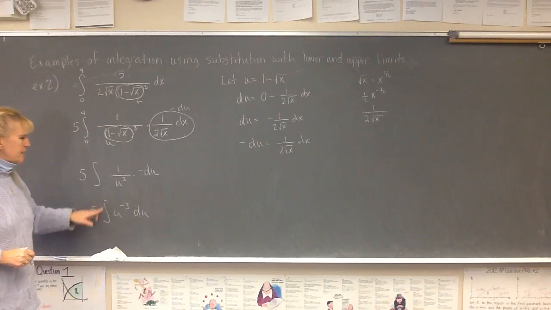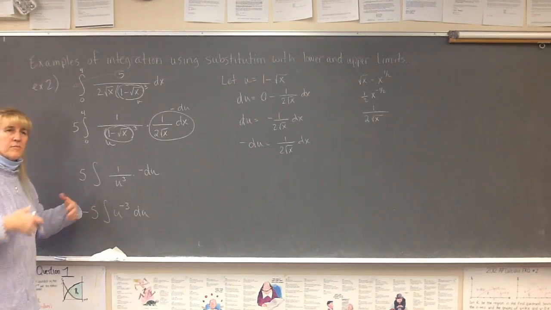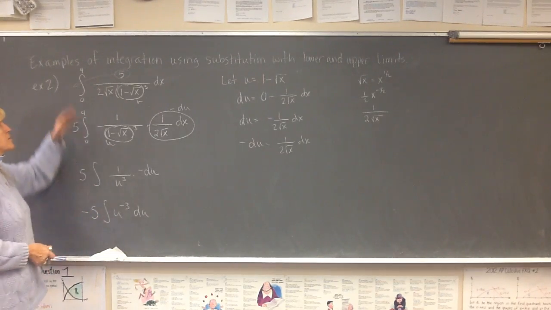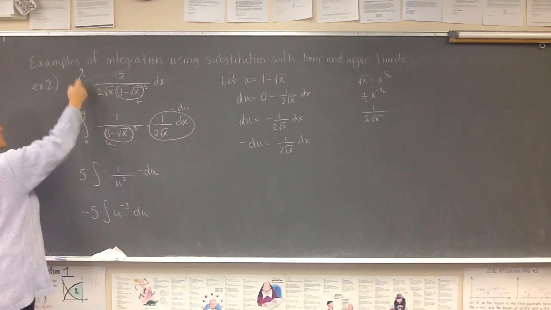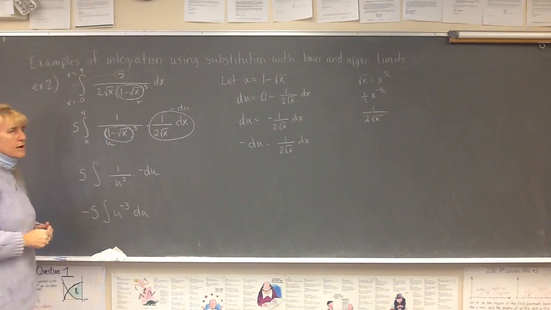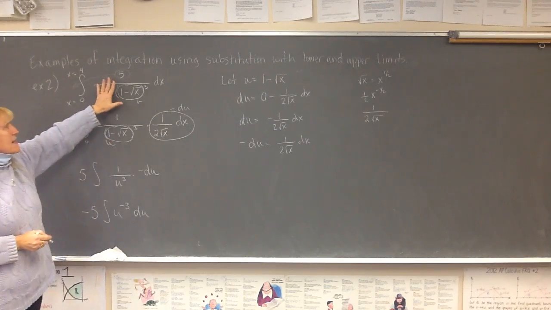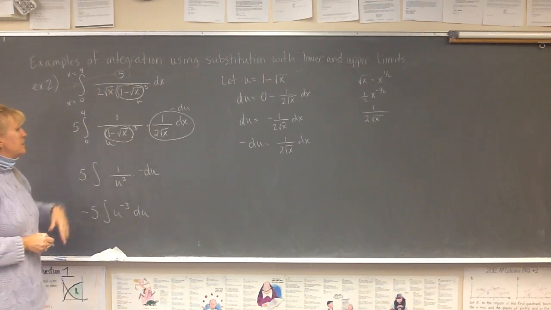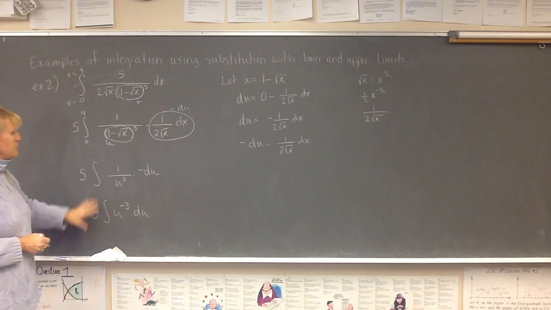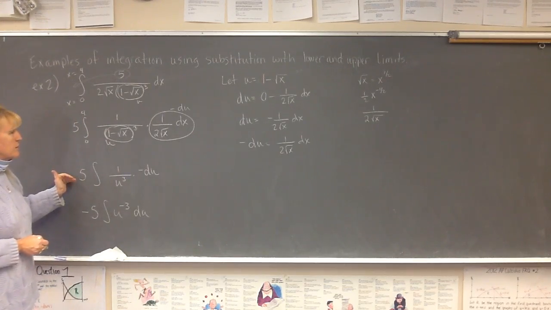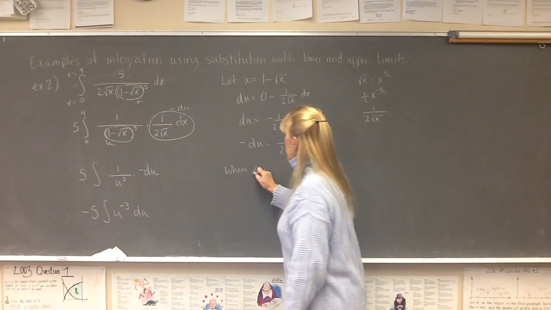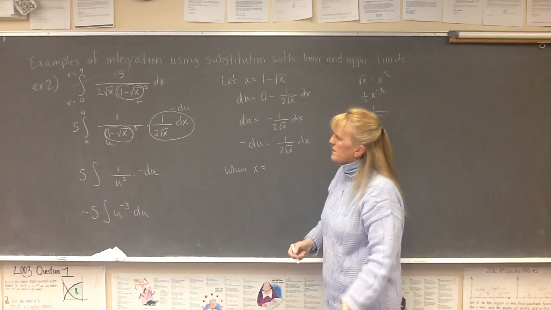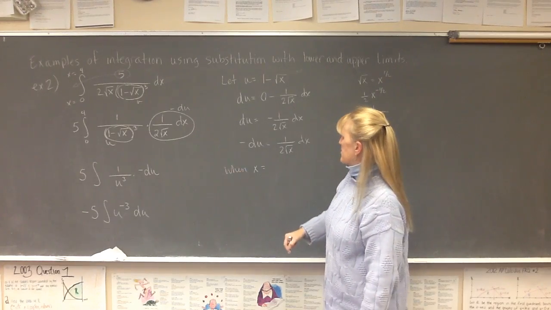And of course, I need my upper and lower limits to be in terms of u now, not in terms of x. And these are x values. This is integrated from x equals 0 to x equals 4. I know they're x's because, again, I started with a whole bunch of x's here. I need them switched to u's the moment you switch to u's. So let's come over here, and we're going to say when x equals, and start with your lower limit just to always do the same consistent thing.